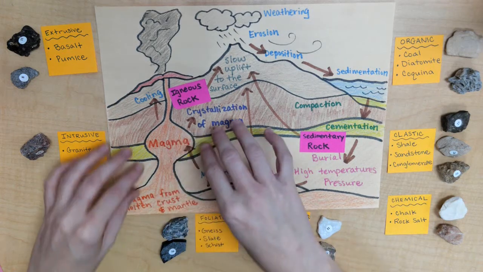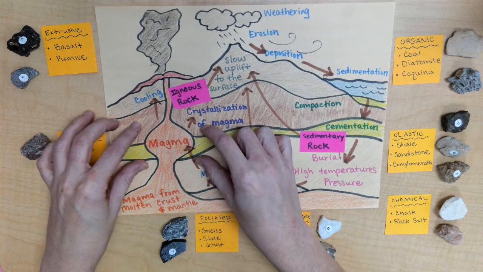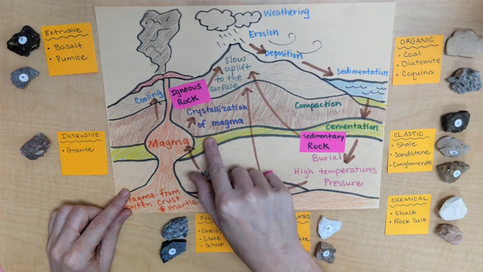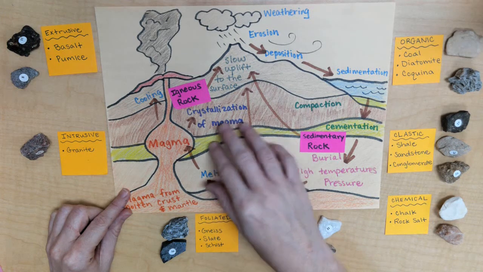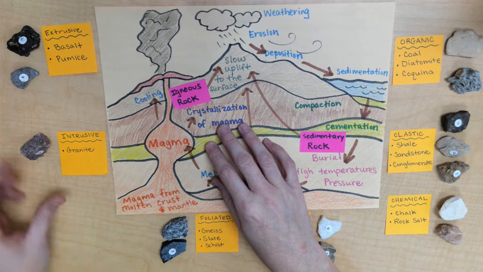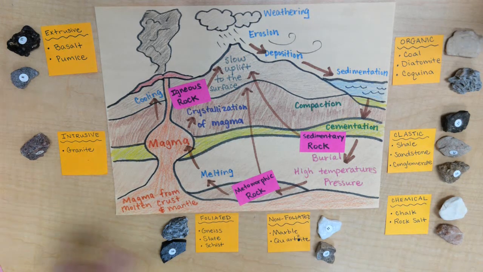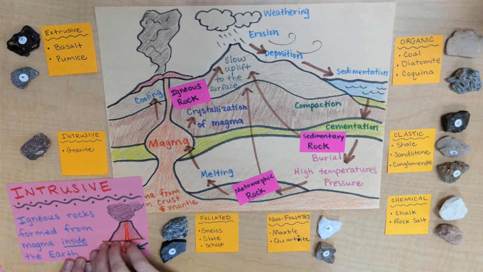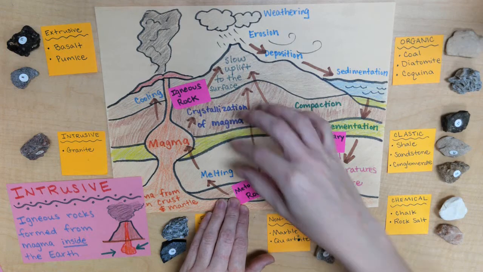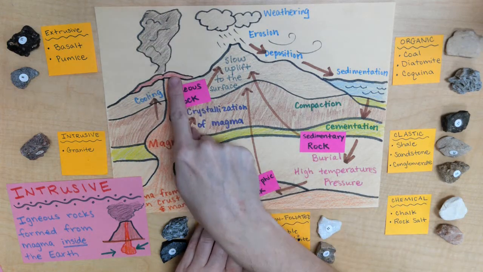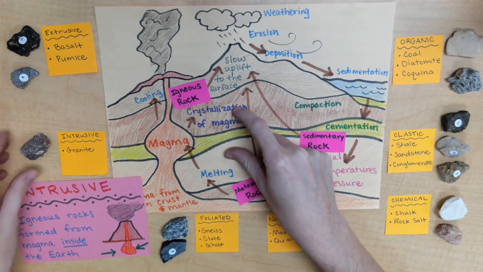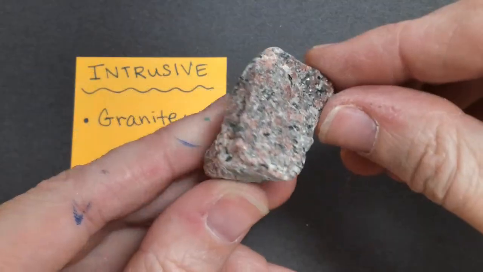It can stay really hot inside the center of Earth, and it begins to crystallize. The magma crystallizes, and that is what we would call an intrusive igneous rock. That just means that those rocks are formed on the inside of Earth, so it hasn't risen to Earth's surface yet. And one example of intrusive igneous rock would be granite.